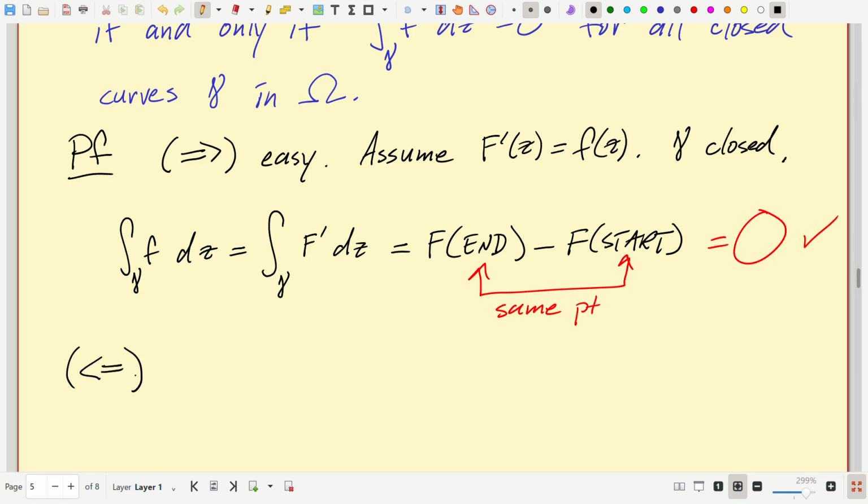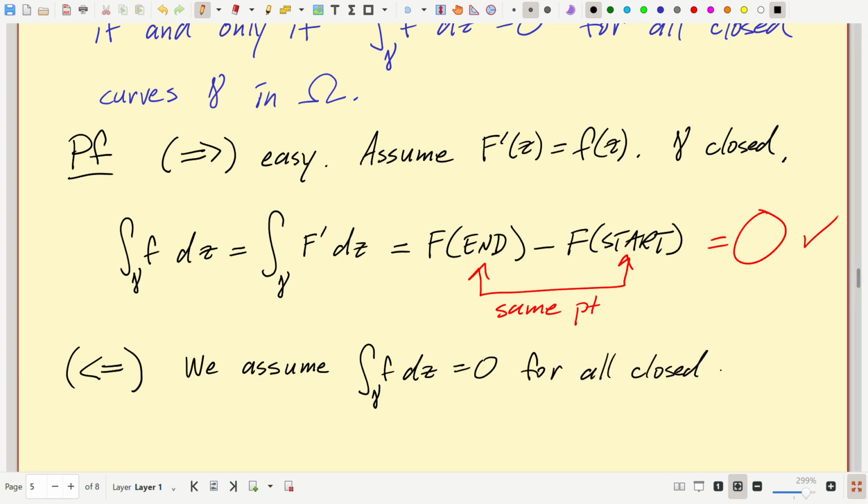Let's see. This time we assume the integral of f around a closed curve is 0 for all closed gamma in omega. Okay, so now I'm going to start thinking out loud.